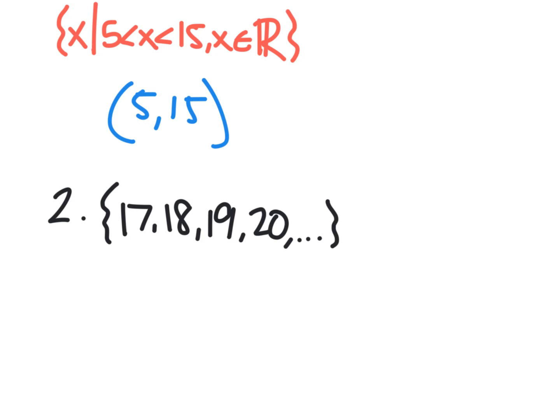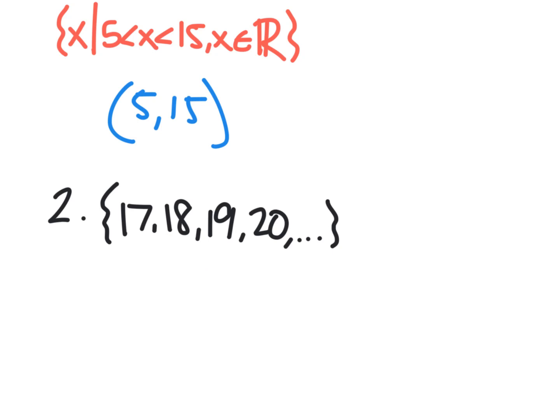Now the next example gets a little bit trickier because here we have 17, 18, 19. This doesn't include any numbers in between 17 and 18 or 18 and 19, right? So these are just our natural numbers. There's no negatives, so it's not all the integers. It's just from 17 all the way off to infinity, counting the natural numbers.